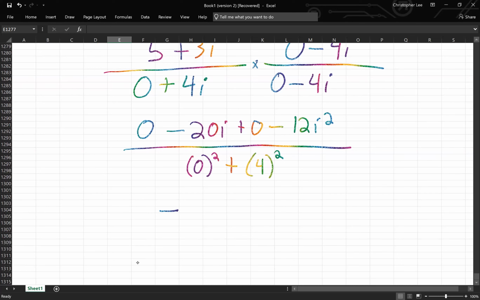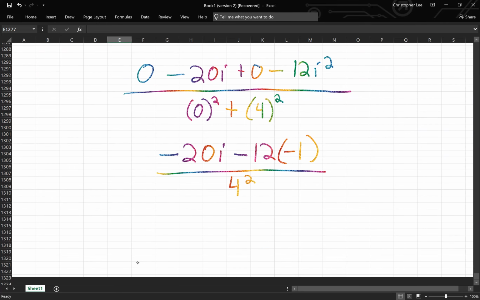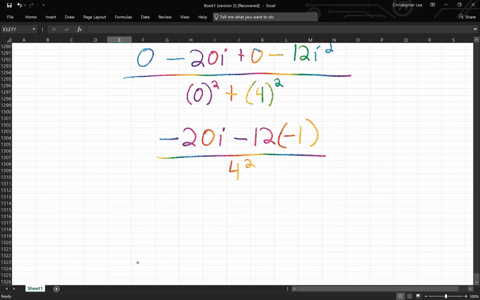Let's combine like terms. So I'm gonna have negative 20i minus 12 times negative 1 over 4 squared. Let's do the math on this. A negative times a negative is positive, so I'm gonna have 12 minus 20i over 4 squared, which is 16.